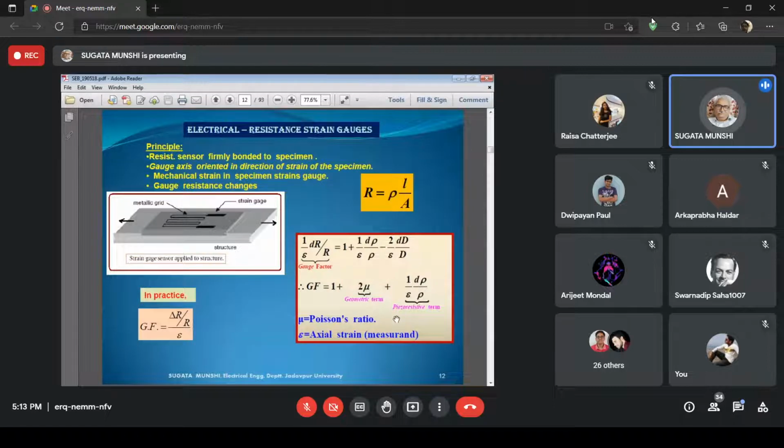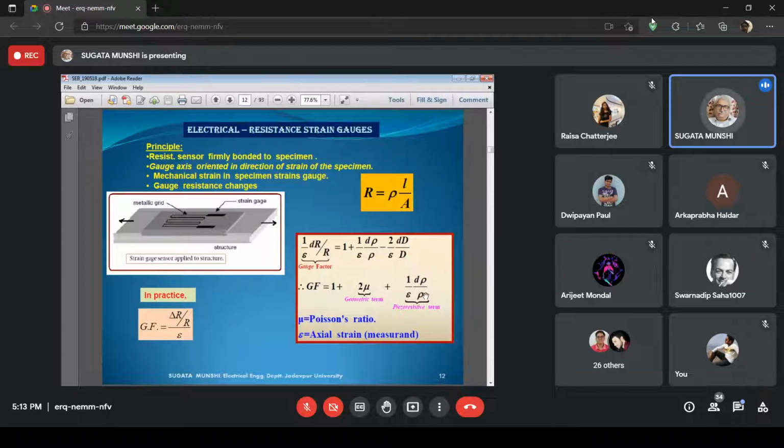But in case of semiconductor gauges particularly, just have a look. There is a geometric term, there is a piezoresistive term. In case of semiconductor gauges, this change in resistivity as a result of mechanical strain takes place and it dominates, almost swamps the geometric term.